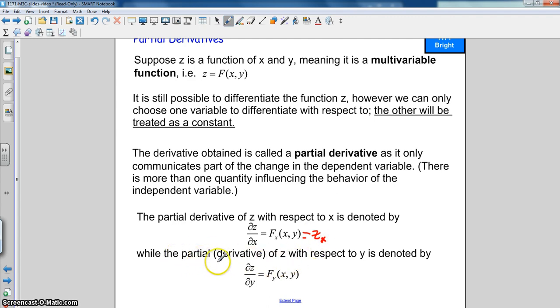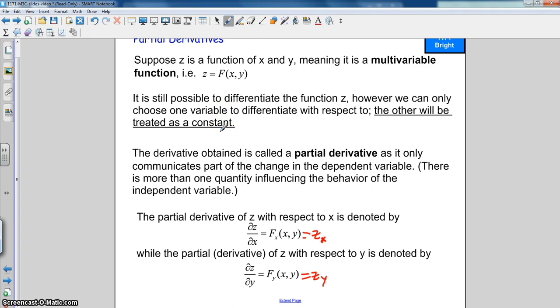The other partial derivative for this particular function is del z over del y, which is f sub y of x and y, and you could also write this as z sub y. For as many independent variables as you have, that's how many partial derivatives you can find.